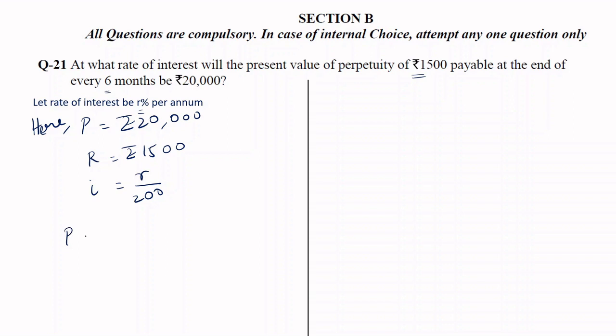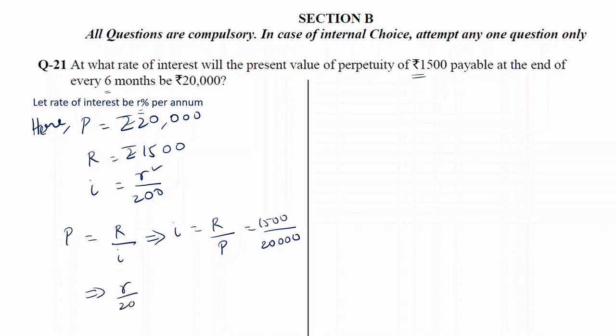We know that the present value of perpetuity is given by the formula P is equal to R by I. Here since we have to find R, let us write this as I equal to R by P. So this is 1500 upon 20,000. This implies R by 200 equal to 1500 upon 20,000.